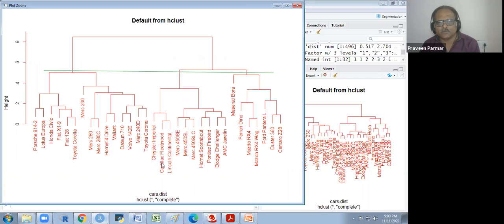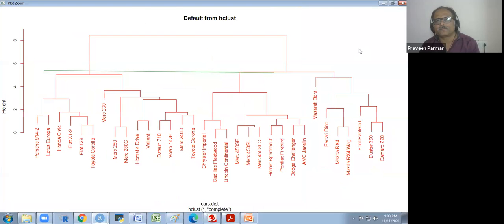And then 10: 1, 2, 3, 4, 5, 6, 7, 8, 9, 10. And 15. So it depends on the height. This height is lowest, so it would be the first cluster, this is the second cluster, and this is the third cluster. Got it? Based on the height. Okay? Got it?